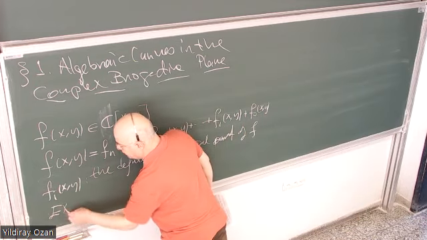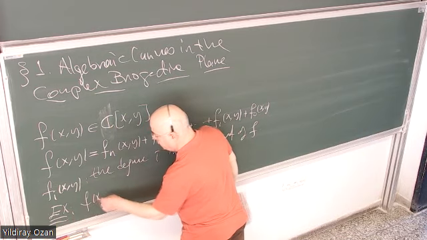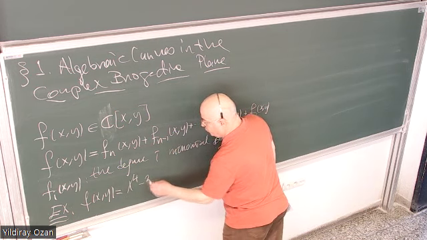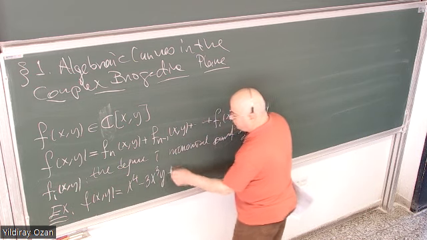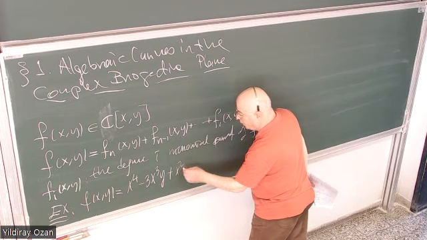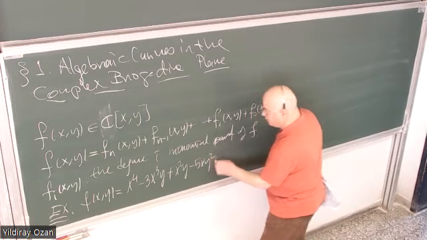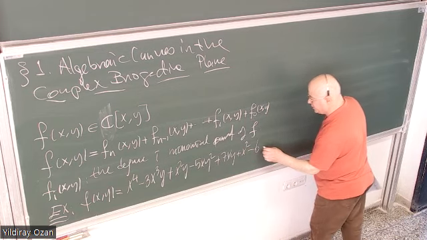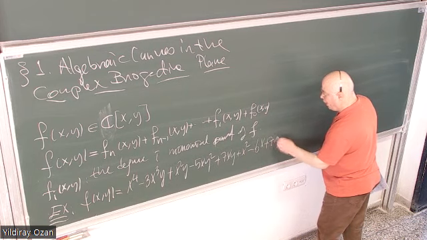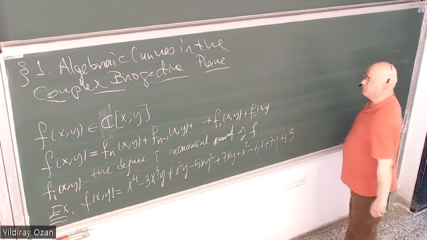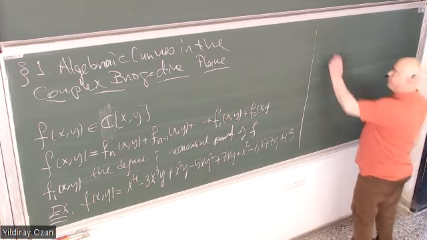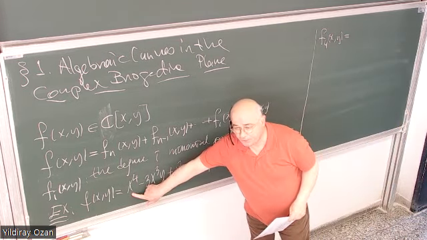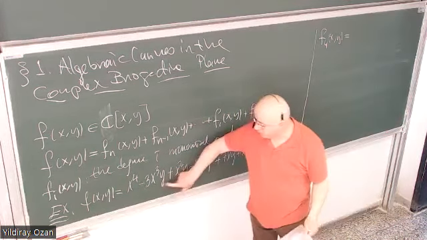To give an example, I think I gave one last time, but let's do one more. Let's say x to the 4 minus 3 x cubed y plus x squared y minus 5xy squared plus 7xy plus x squared minus 6x plus 7y plus 13. So in this case, f4(x,y), the degree 4 part of this, is degree 4, this is degree 4 because this is degree 3, this is degree 1.